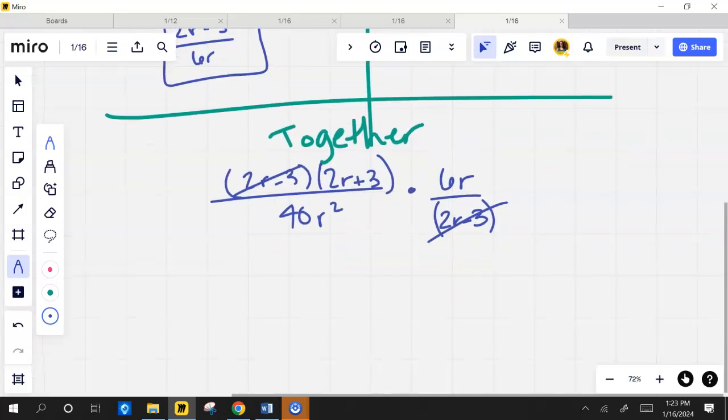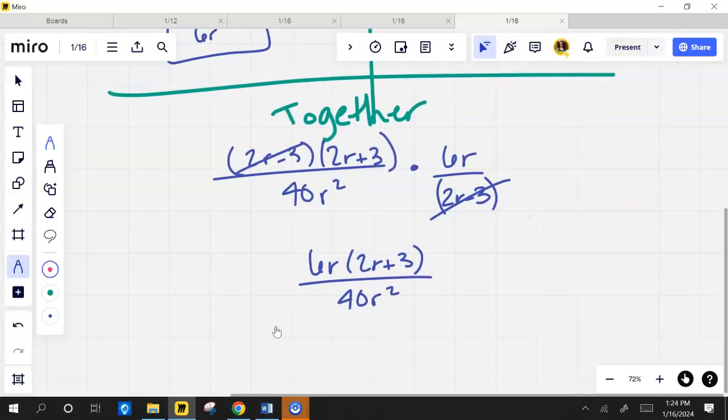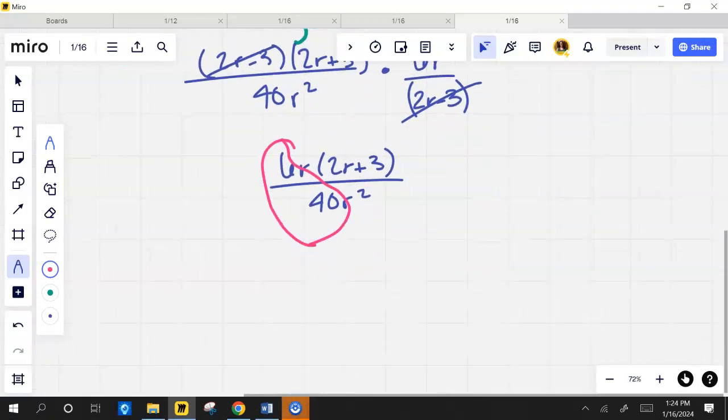Is that all I can do? So 6R, 2R plus 3 over 40R squared. What else do you see? I can definitely simplify the 6 and the 40. FOIL would undo what I've already done.